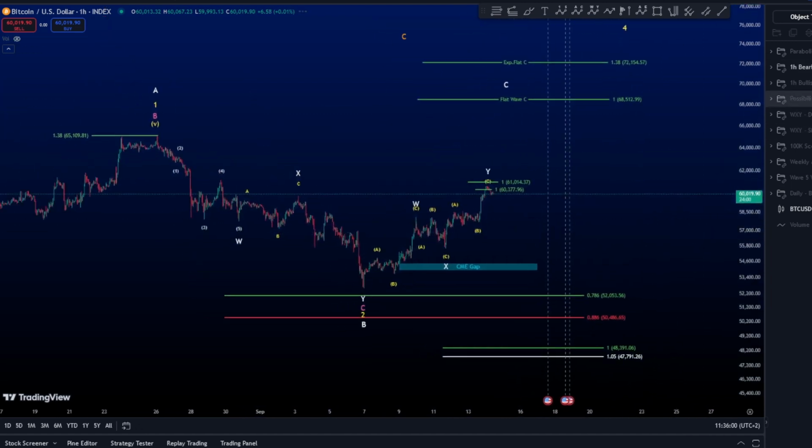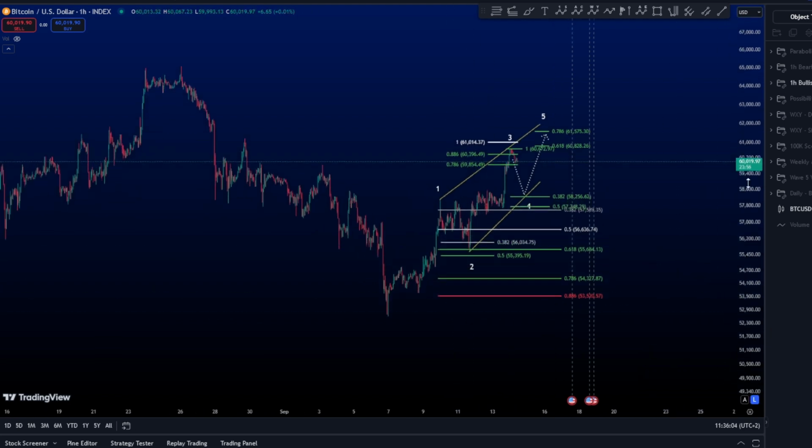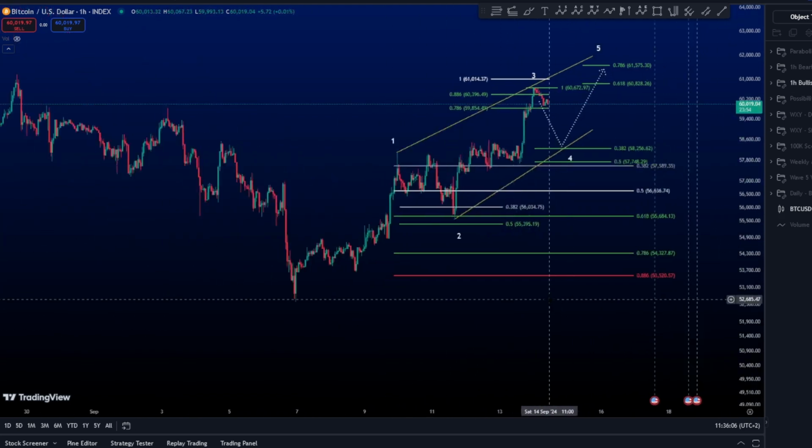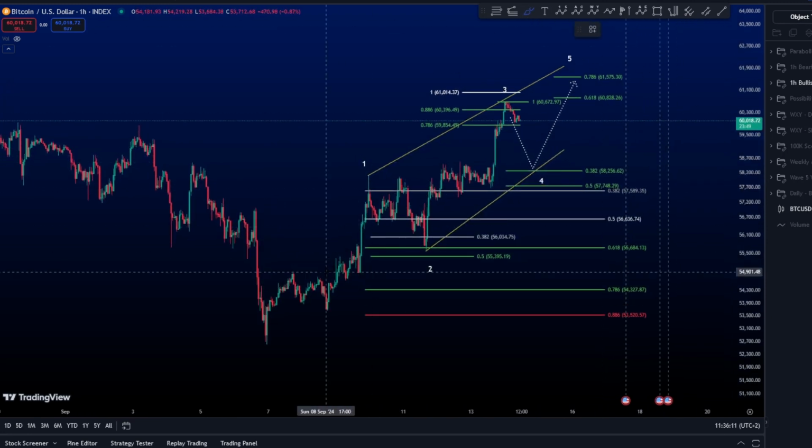Now, this is your bearish scenario. For your bullish scenario on the 1 hour chart, we are still, of course, looking at a motive wave. Motive wave means kind of impulsive.